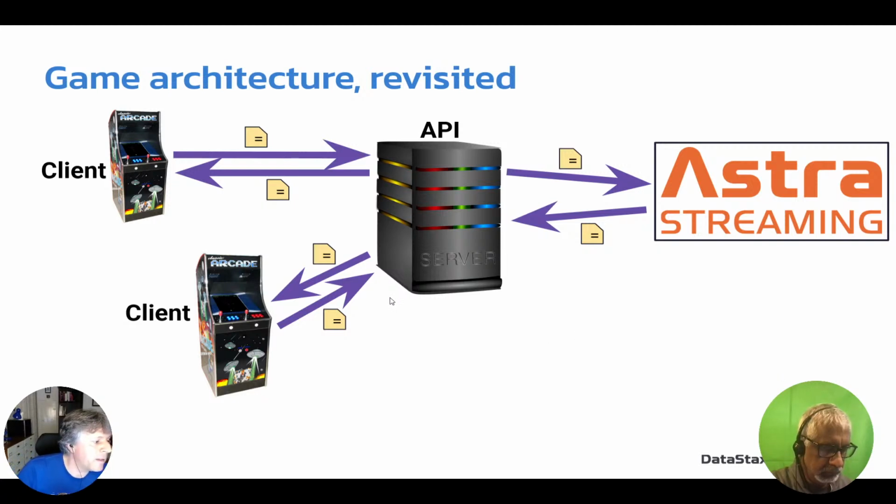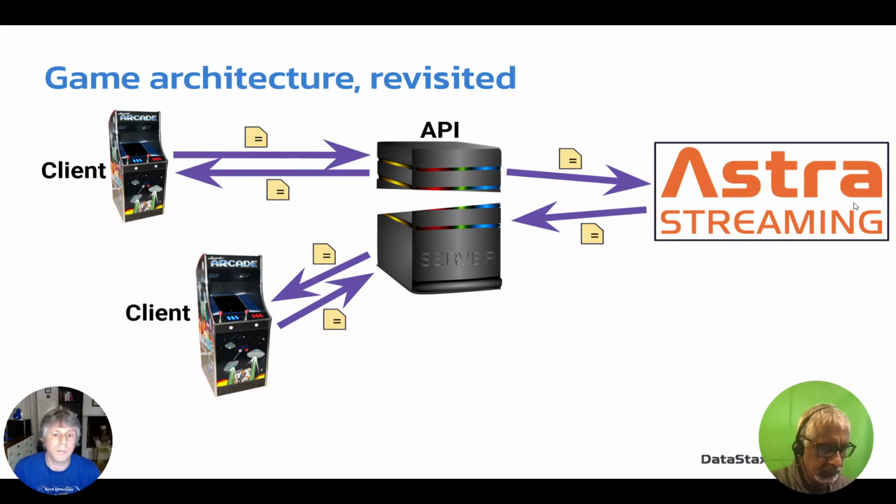Now, to make everything easier to think about and to reason about, we will not have any case where a message comes from a client and goes straight to other clients. Every message that reaches the API will be routed to the Astra Streaming topic first, and then it will go back to the API.